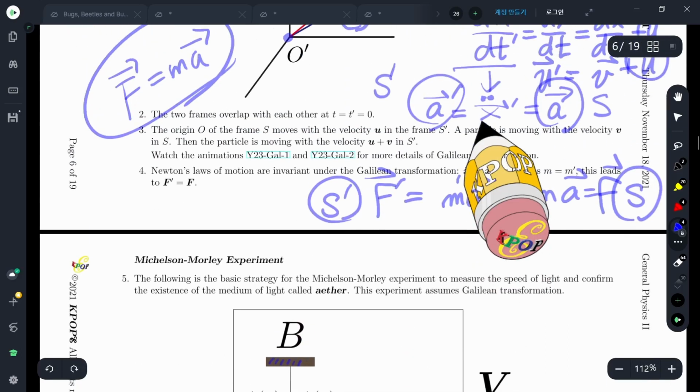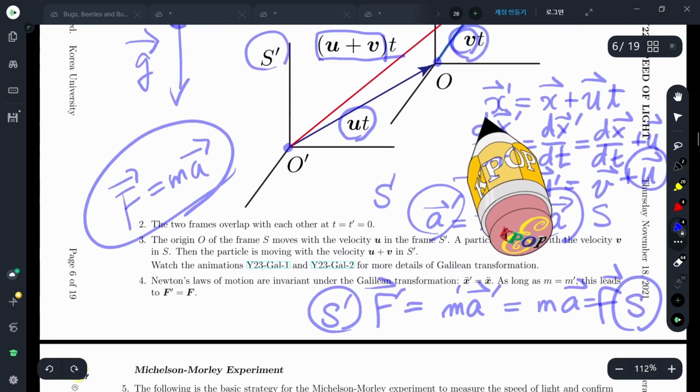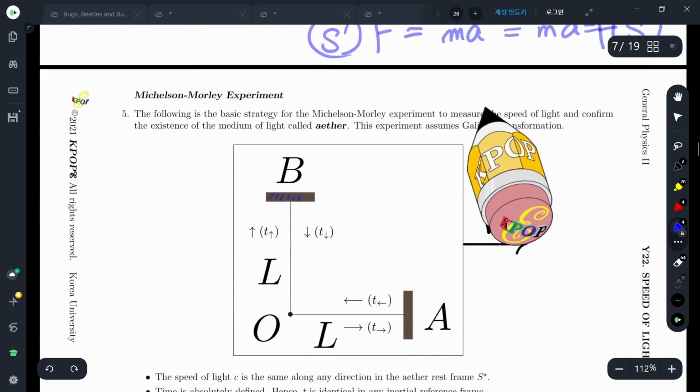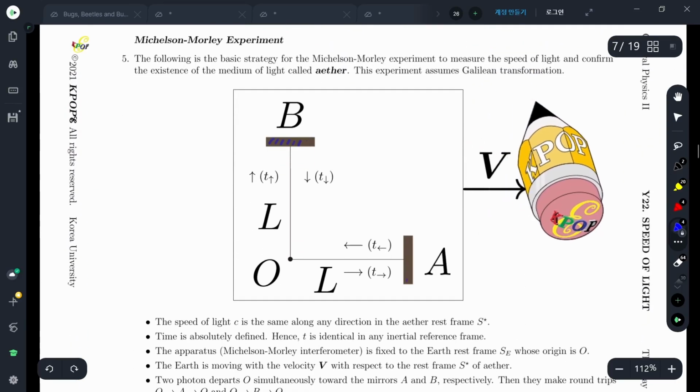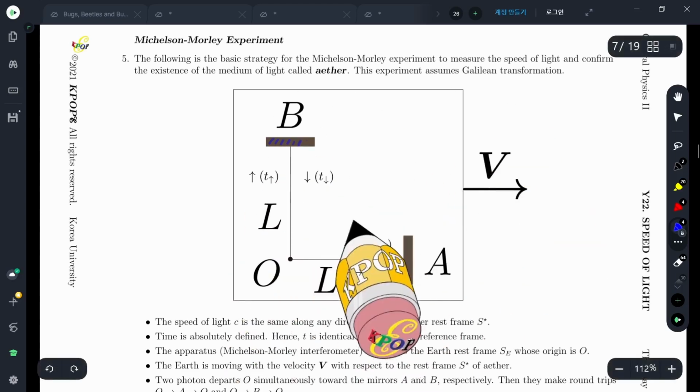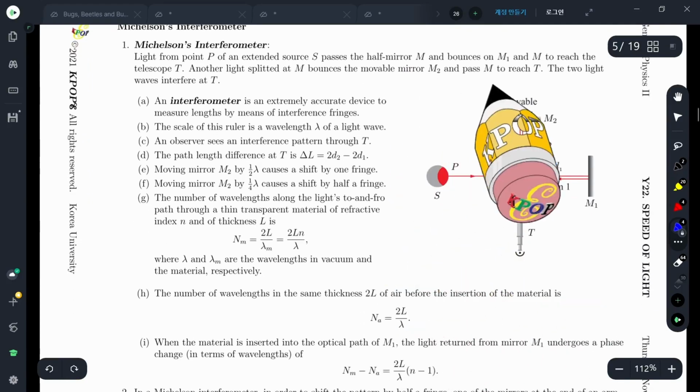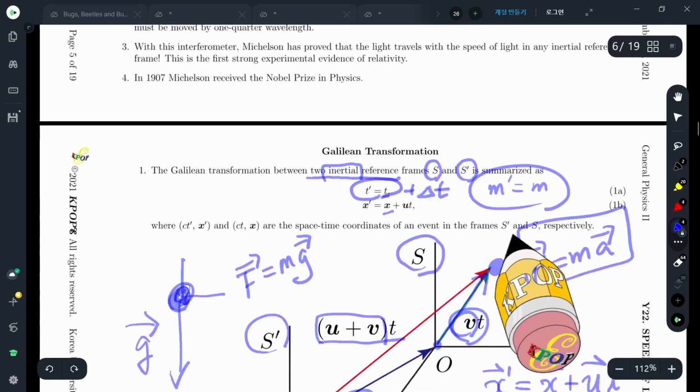So we apply this Galilean transformation to consider the motion, propagation of electromagnetic wave. Let us simplify. This figure shows the Michelson-Morley experiment.